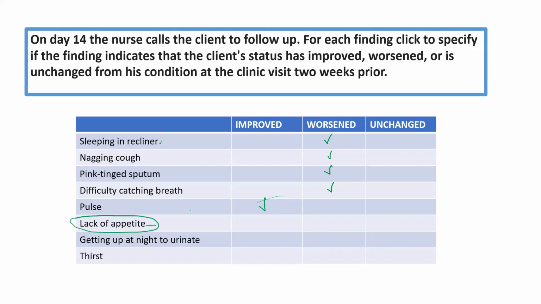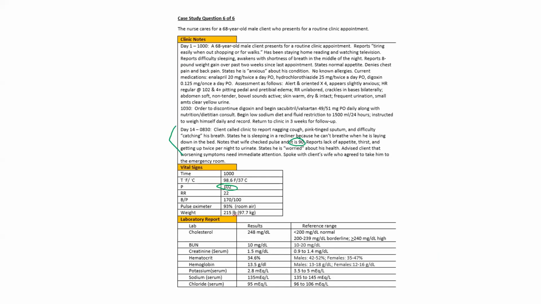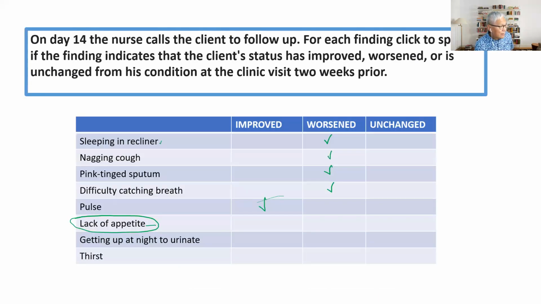Go back. It says reports lack of appetite first and getting up twice per night to urinate. So that means this is a new finding. So this is bad. That means he has congestion in the GI tract, which happens in right-sided heart failure, right? Okay, so yeah, this is worse.